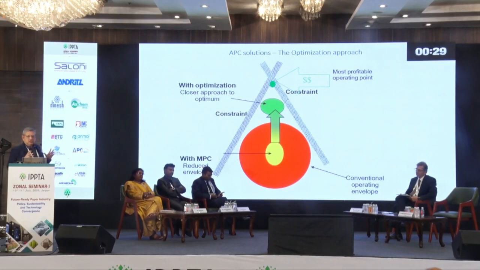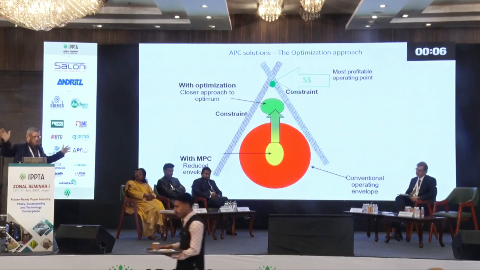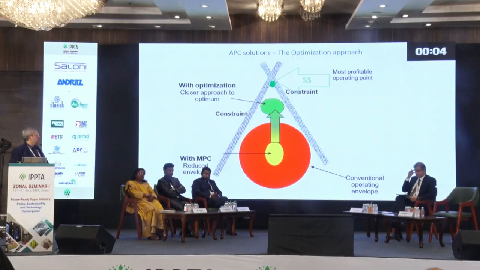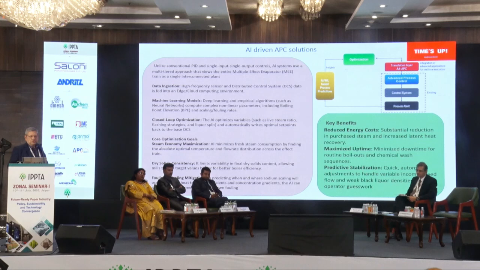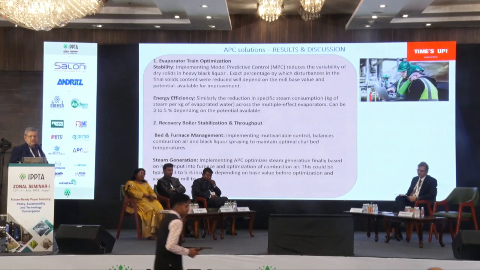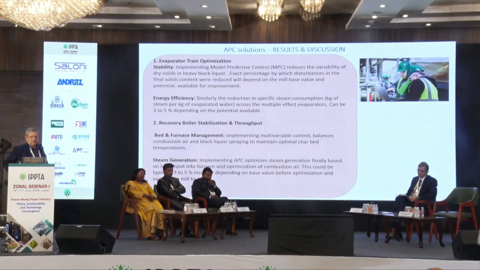If people want a good understanding, you start with the conventional operating environment, and then obviously everywhere in the world you have constraints. How you optimize within the boundary is how you get there. So this is all about what is advanced process control or digital twins or whatever you say. That is what you are looking for, the most profitable operating point. So next is the AI-driven part that is part of that.